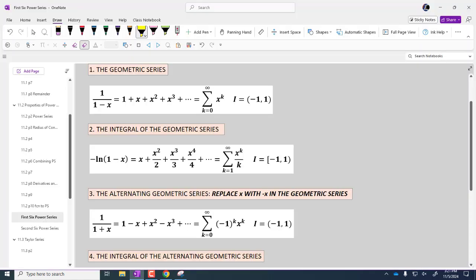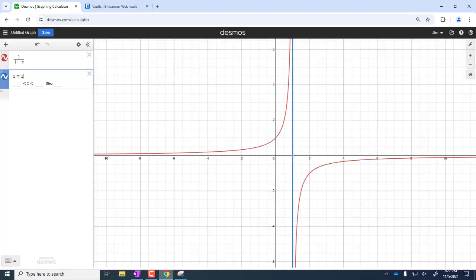So this power series is centered at 0, and the distance over to this asymptote is 1 unit. This is one of those things that I alluded to, that the interval of convergence is going to be from -1 to 1. So if this is our center at 0, we get to this asymptote, it's 1 unit away.